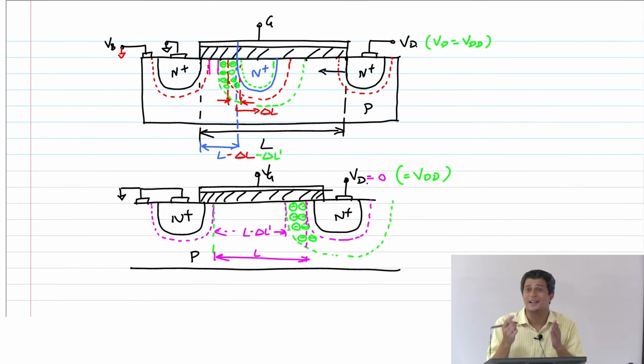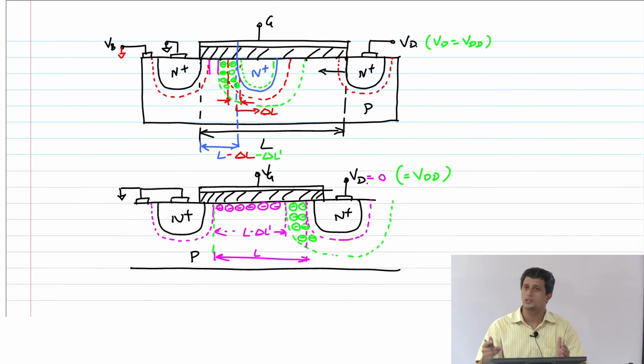So now the gate has to invert only so many dopant atoms, and therefore part of the channel has already been depleted by the applied positive drain voltage, thereby reducing the threshold voltage.